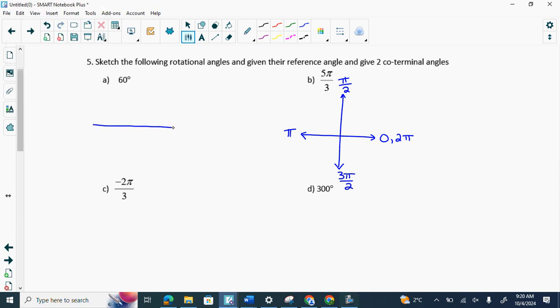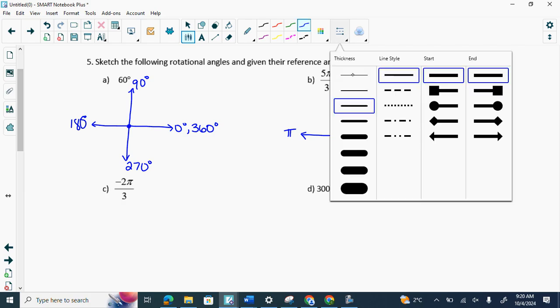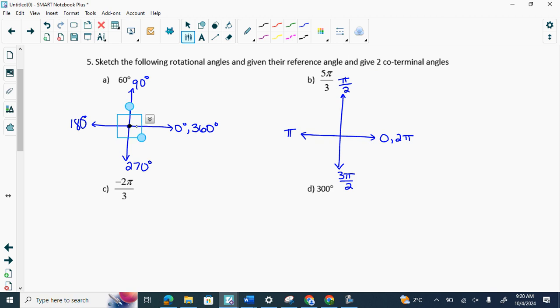Okay, 60 degrees. I go 0 degrees, 90 degrees, 180 degrees, 270 degrees, 360. So I have to draw my rotating arm.